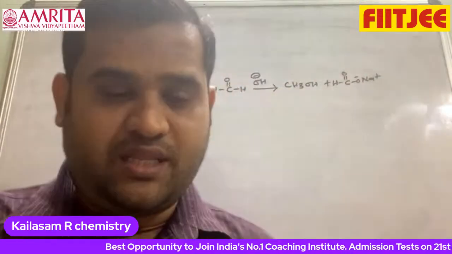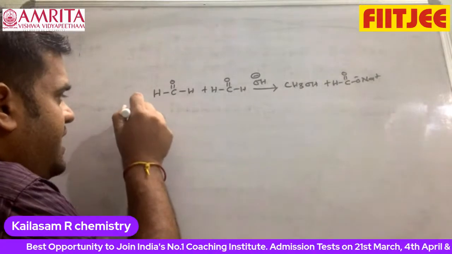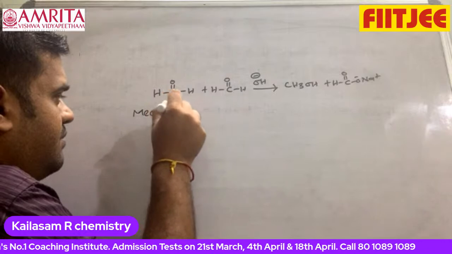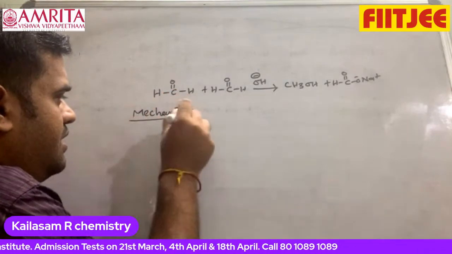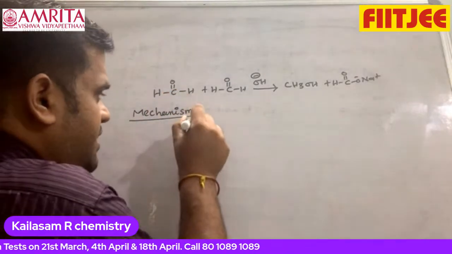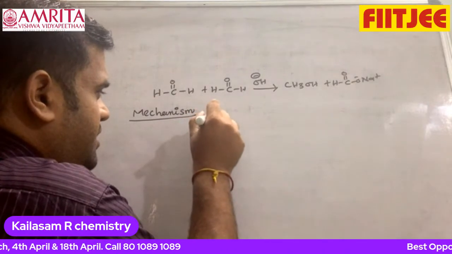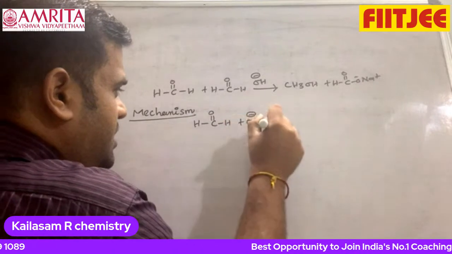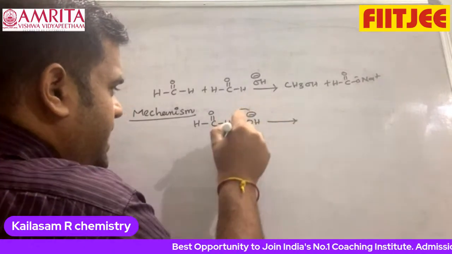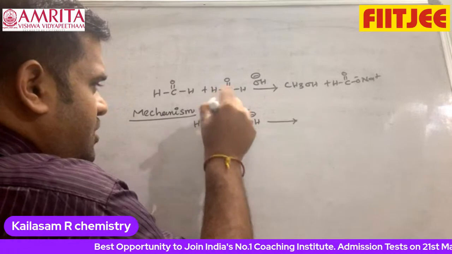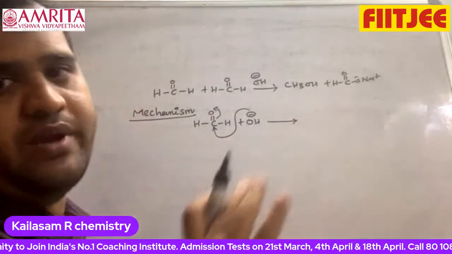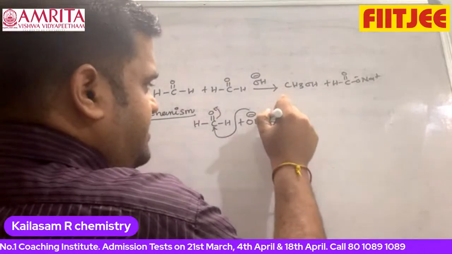Look at this in the mechanism. HCHO plus OH minus, attacking here. So the nucleophile is added. In the Cannizzaro reaction, the addition of the nucleophile is not the slow step; this is a fast step only.